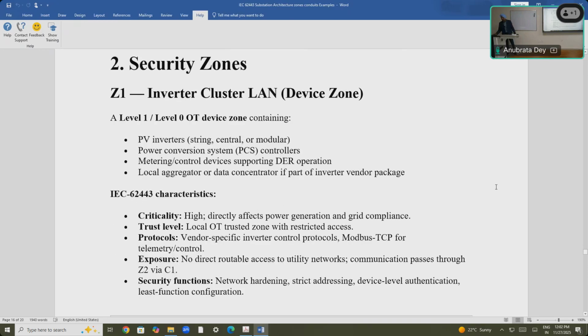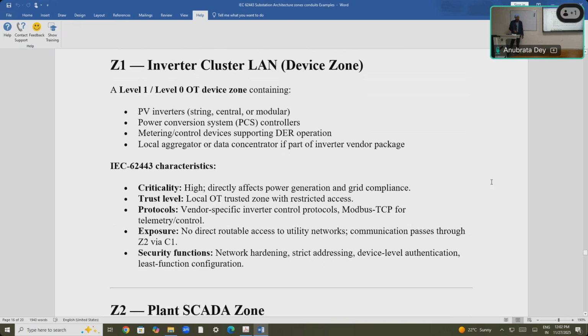So what would zone 1 include? Zone 1 will include any PV inverters, power conversion system, controller, anything related to that renewable. Metering control devices, which will support the DER operation, and then any local data concentrator. Criticality here is high because it directly affects your power generation and grid compliance. Trust level, it's a local OT trusted zone with very restricted access.